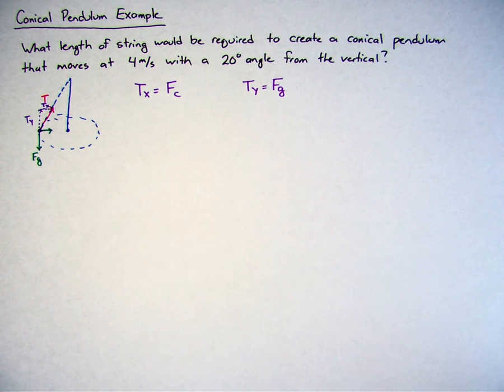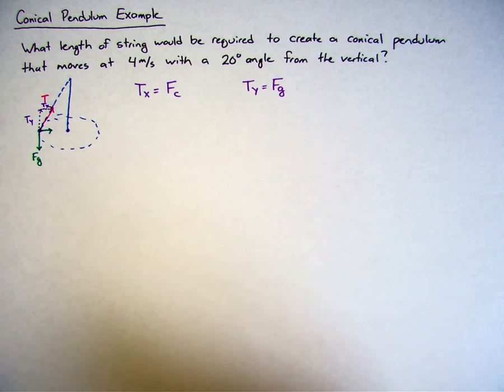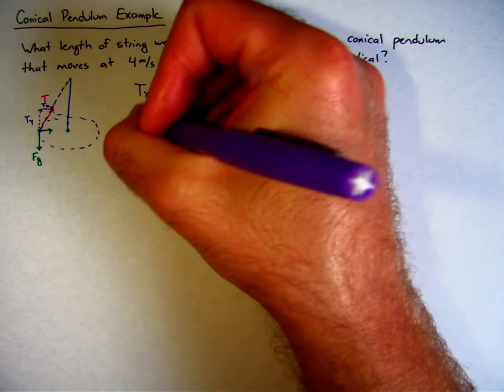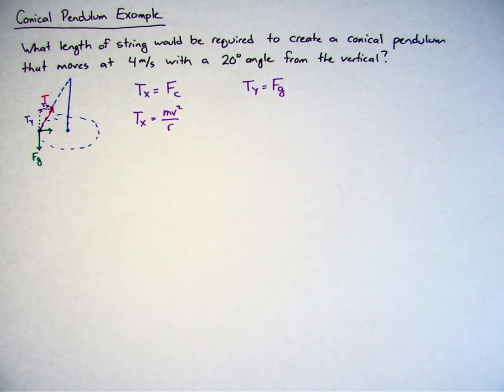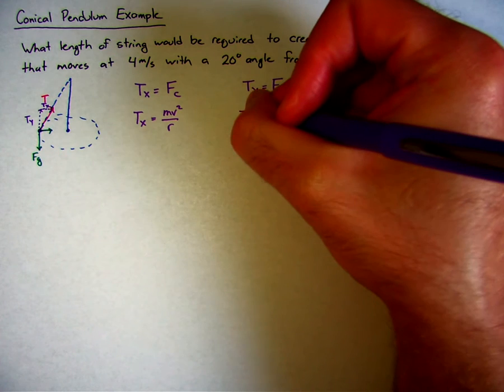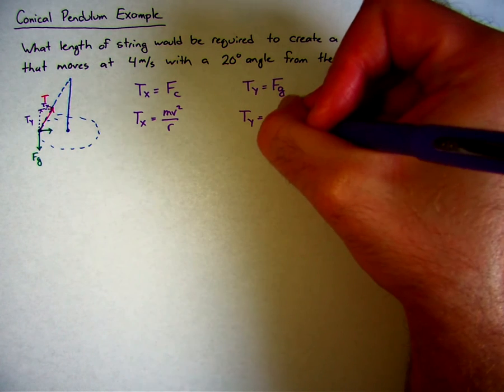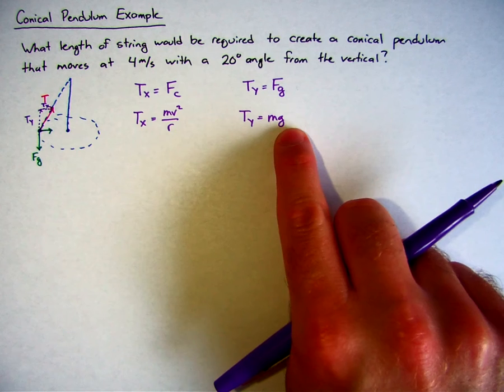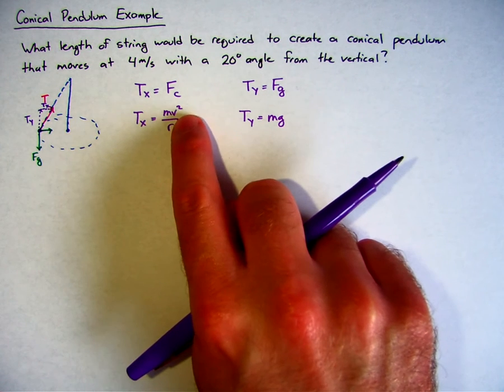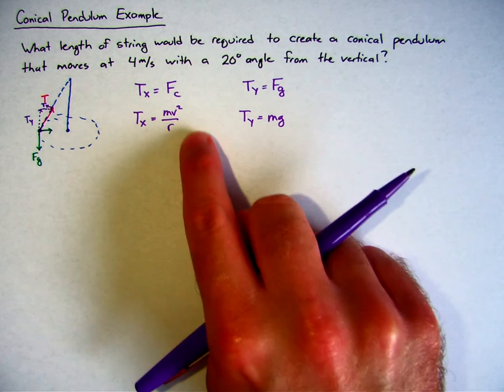The way I can figure this out is as follows. I know Tx is equal to mv squared over r, because that's the centripetal force. I know that T sub y is equal to m times g, because that's just the force of gravity. I don't know what the mass is, but I do know the acceleration due to gravity. I do know what the velocity is. I don't know what the radius is.